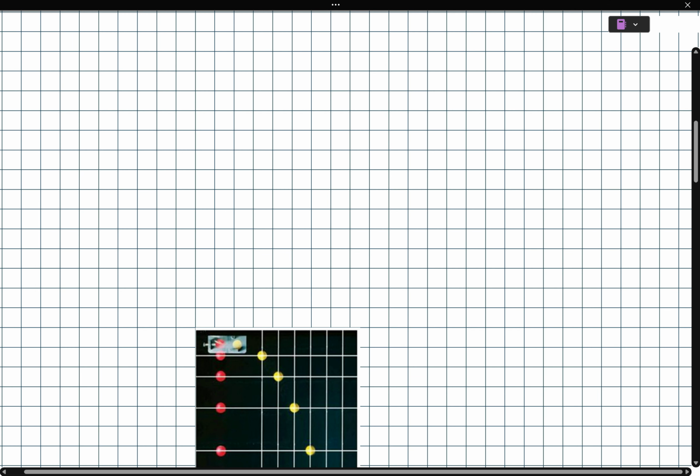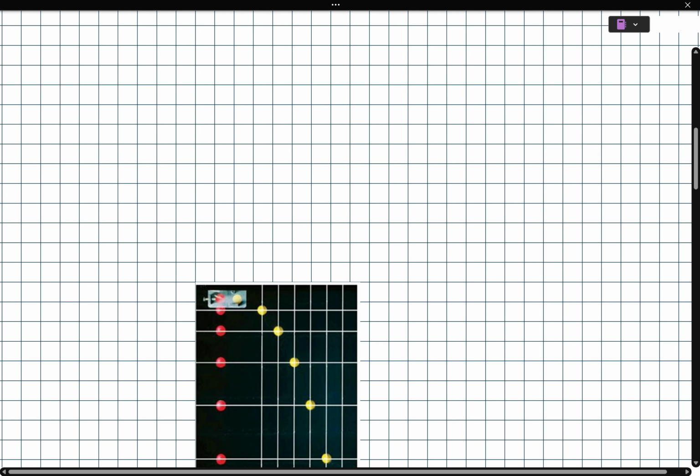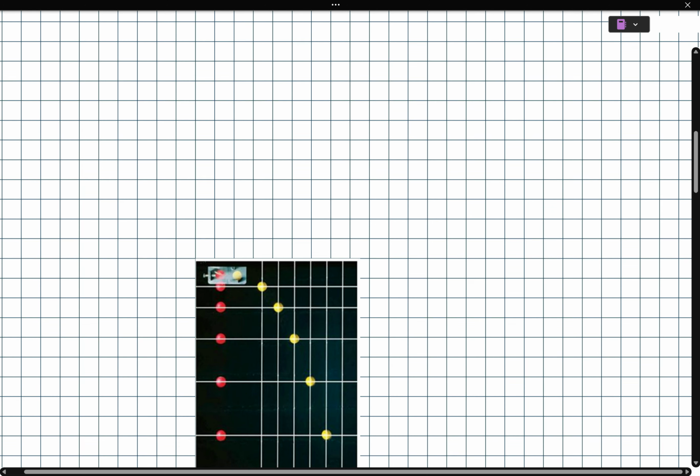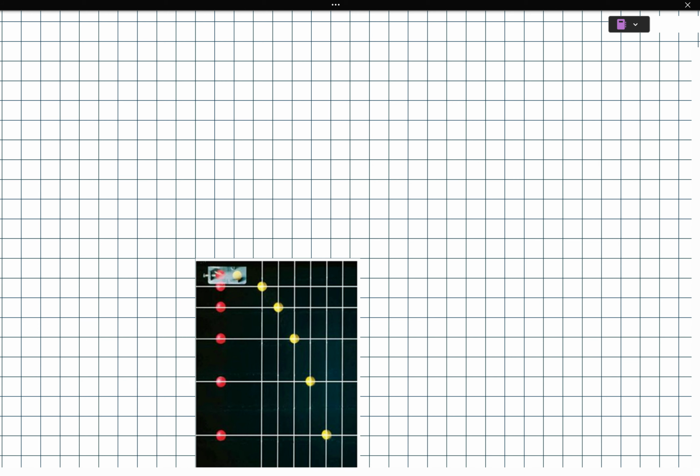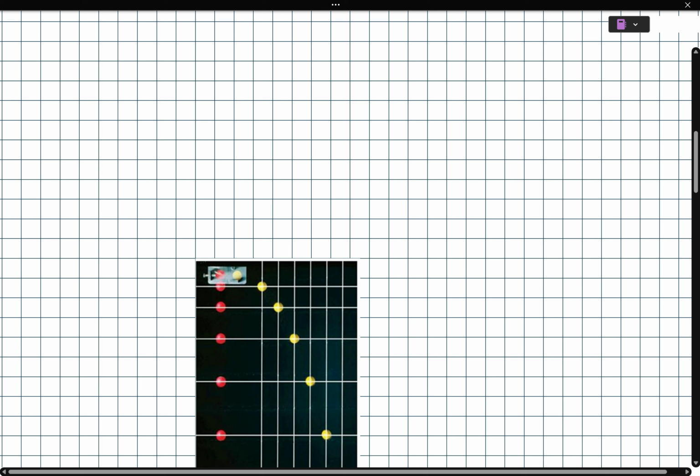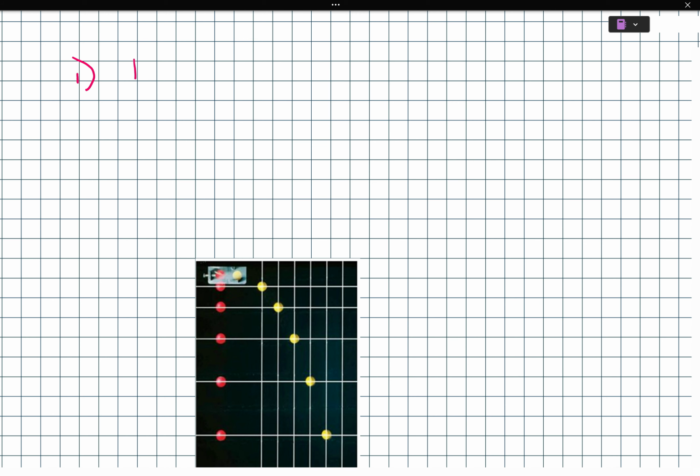In looking at the motion of a projectile, we'll get to this picture in a second, but we'll consider this part one and part two. For part one, in considering projectile motion, the motion can be treated as two rectilinear motions.